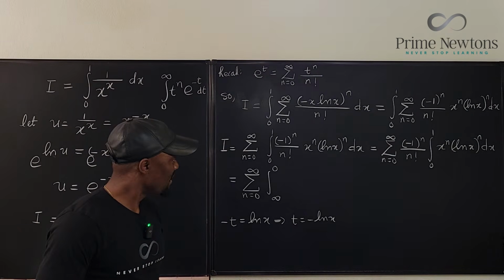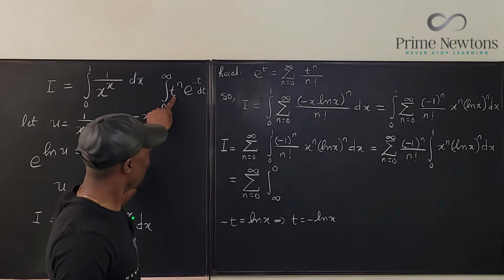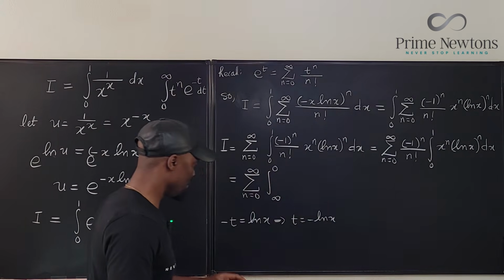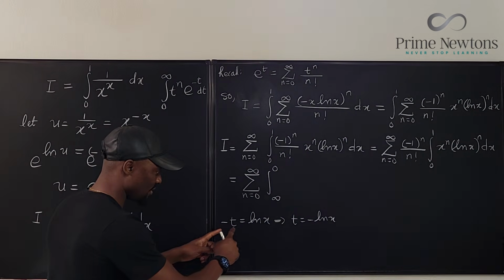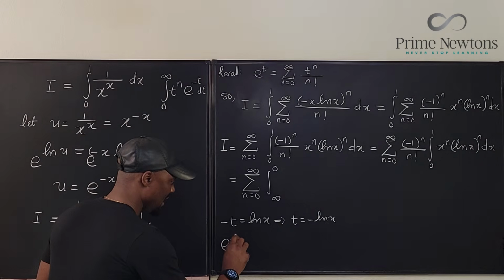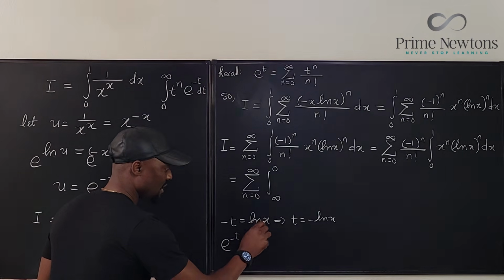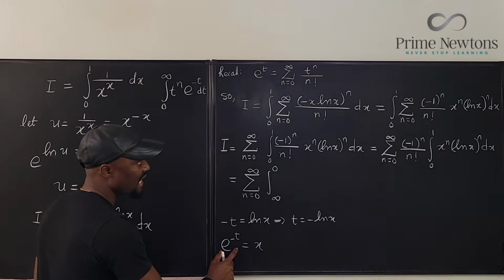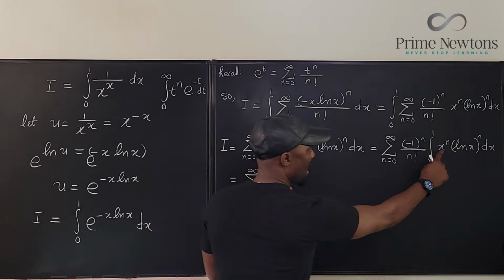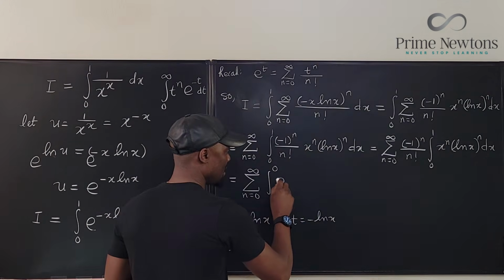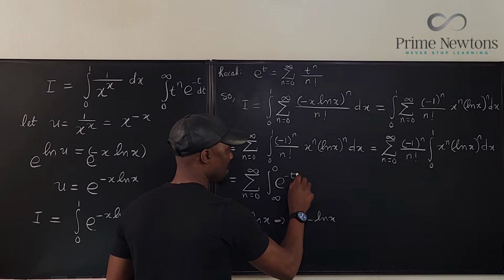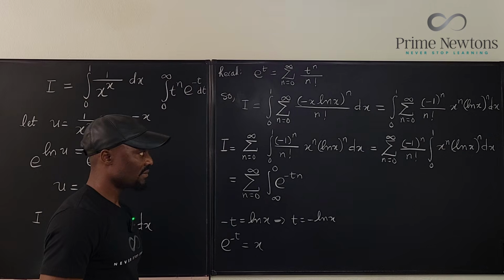Okay. Now what's the next thing? I need this to be, what do I have? Now x raised to power n, I need to know what x is. From this relationship, I know that e to the negative t will be e to the ln x, which is x. So I can replace x with e to the negative t here. So x to the n will be e to the negative t raised to power n, which is e to the negative tn. Okay?